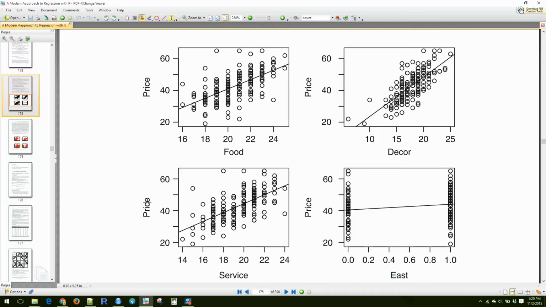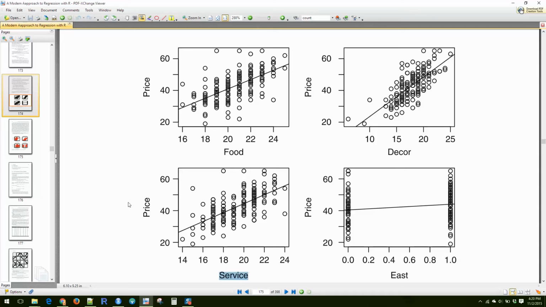So we create a model to predict price without service, okay? And that's going to form our y variables. And then we create a model to predict service based on food, decor, and east.